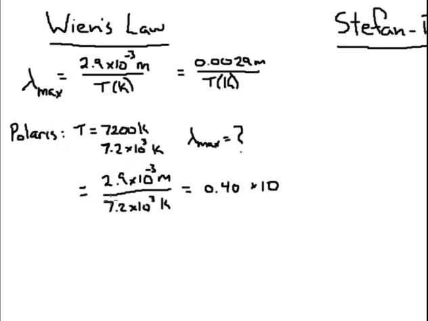When I look at scientific notation, it's relatively easy, because if I'm dividing by a number, that means I subtract the exponent. So I have negative 3, and I divide by 10 to the 3, it means I'm subtracting an additional 3, so I'd end up here with negative 6 meters.